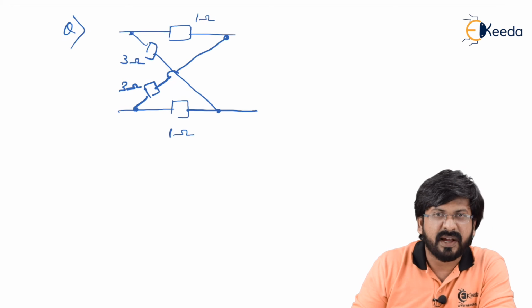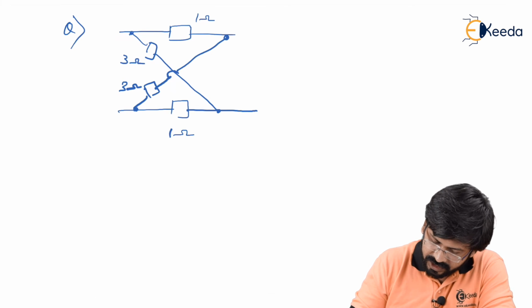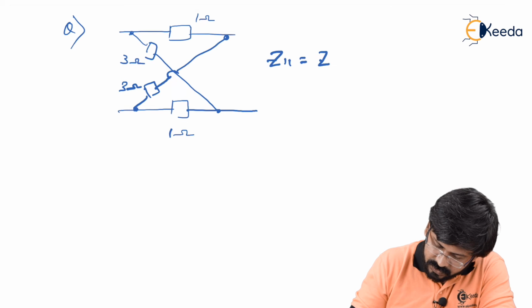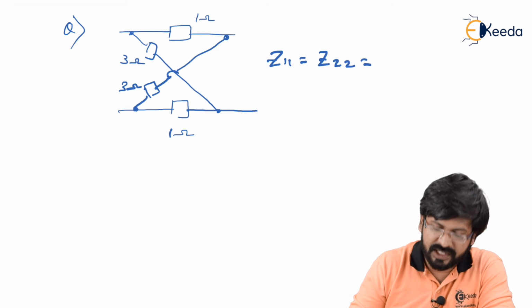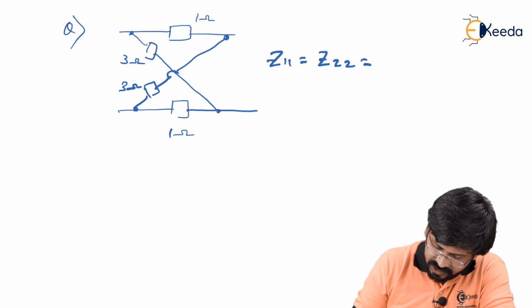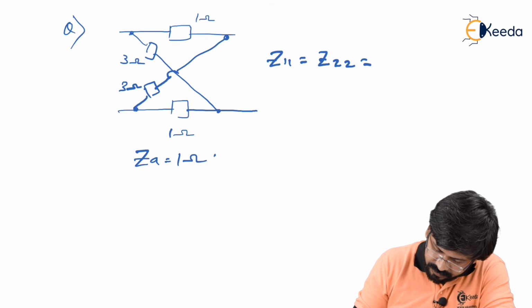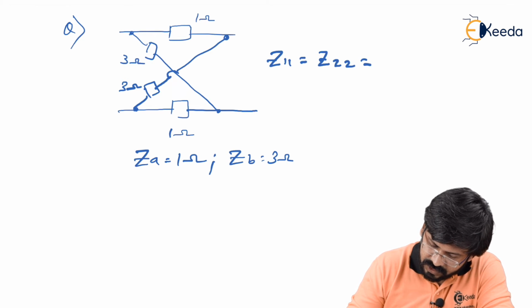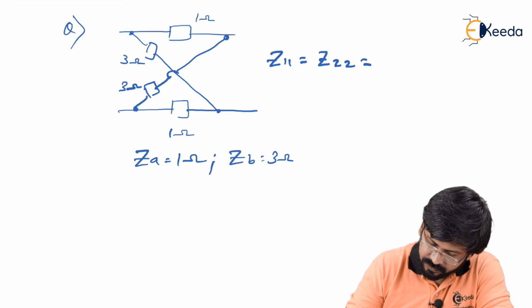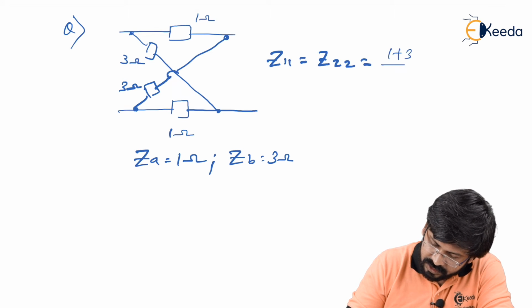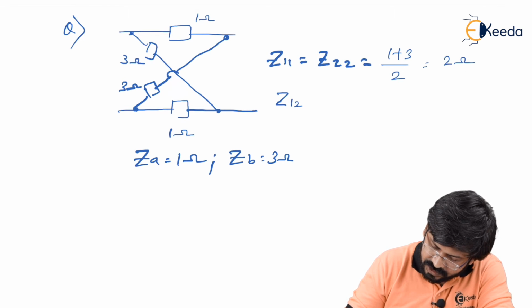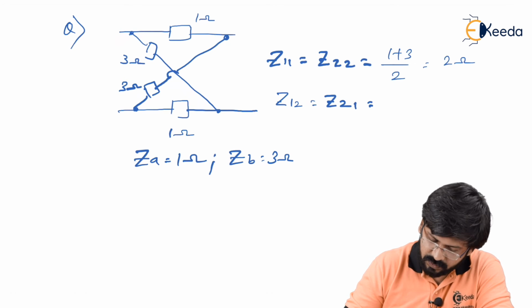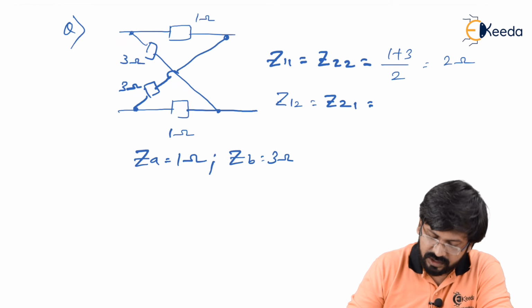So we know that this matches our standard lattice network. So I can write Z11 equal to Z22 equal to ZA plus ZB by 2. By comparing with the standard one, you can say that ZA equal to 1 ohm and ZB equal to 3 ohms. So Z11 equal to Z22 equal to 1 plus 3 divided by 2, which becomes 2 ohms, whereas Z12 equal to Z21 equal to ZB minus ZA upon 2.